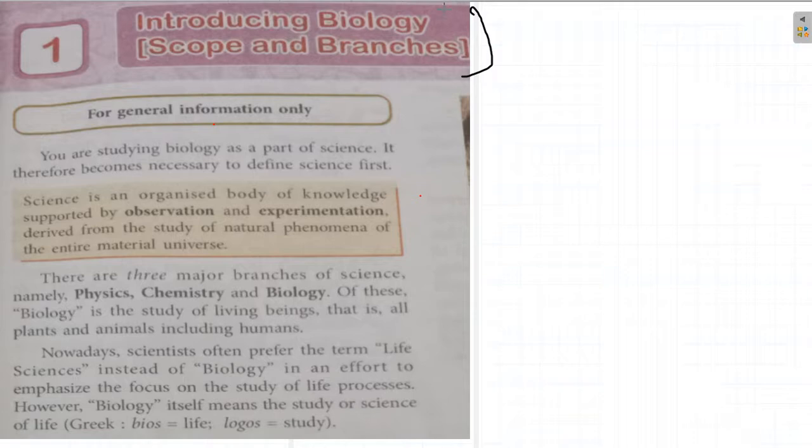Before proceeding further into the chapter, the first thing is the definition of science. What is science? Science is an organized body of knowledge supported by observation and experimentation, derived from the study of natural phenomena of the entire material universe.